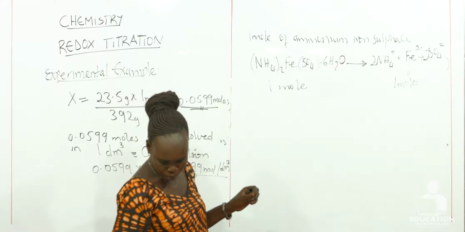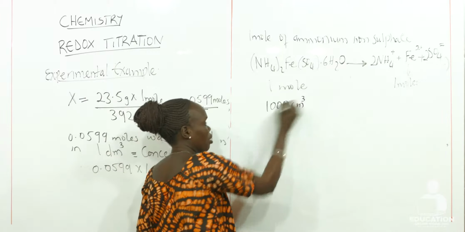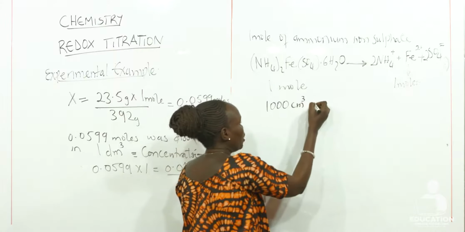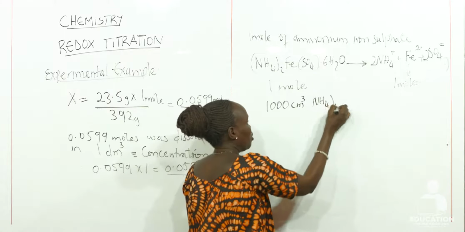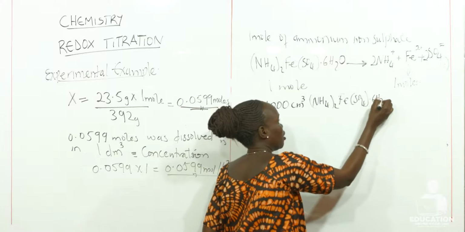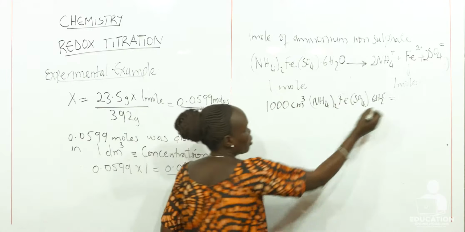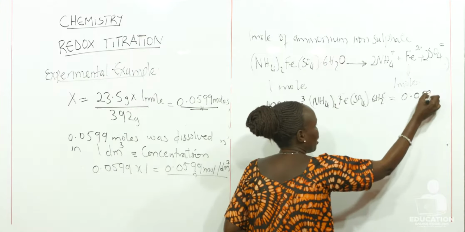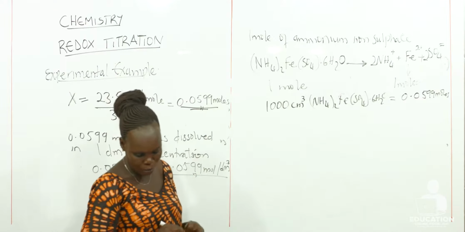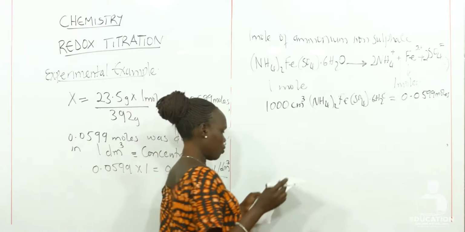So we shall have that 1000 centimeter cube of ammonium iron(II) sulfate will be equal to 0.0599 moles. So previously we know that 1 mole of ammonium iron sulfate hydrated is 0.0599.